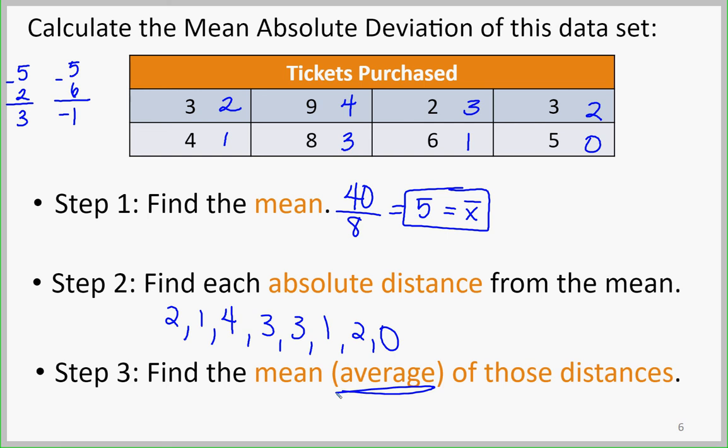So 2 plus 1 plus 4 plus 3 plus 3 plus 1 plus 2 plus 0 is 16. And then divided by how many numbers do we have? 8. 16 divided by 8 is 2. So 2 equals our MAD. And make sure you note that as well.